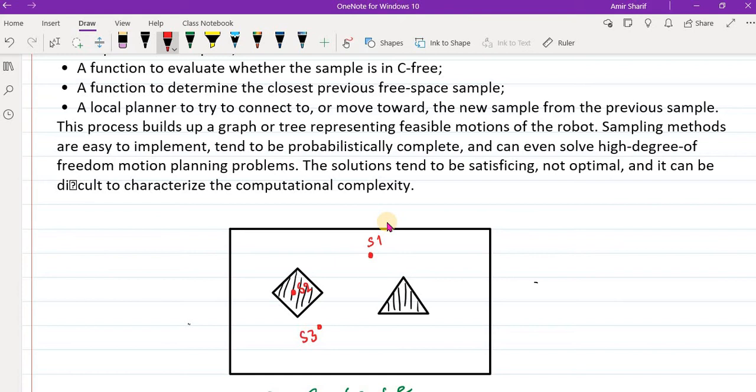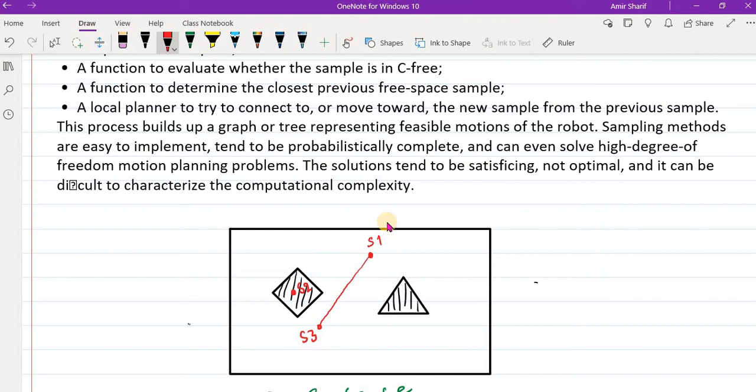A local planner tries to connect to, or move forward, the new sample from the previous sample. So now we need to connect these two samples, and we try to see whether, if we connect them, the edge will be in collision with the obstacle or not.